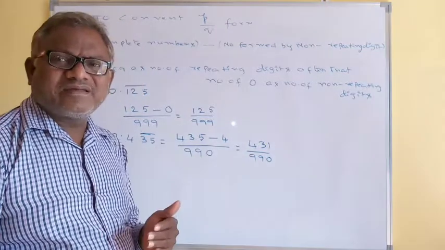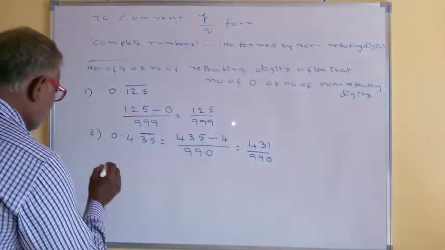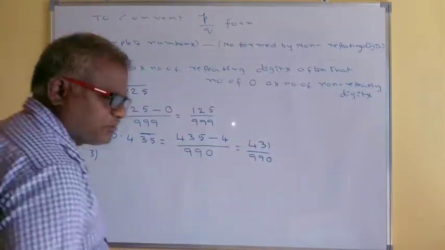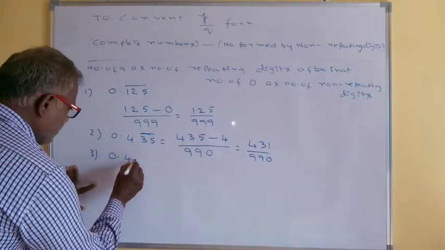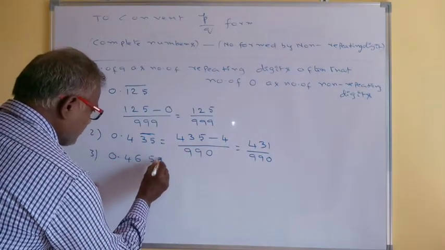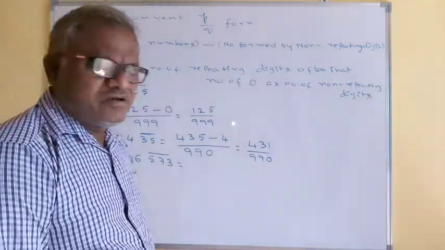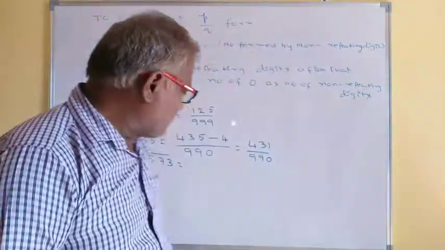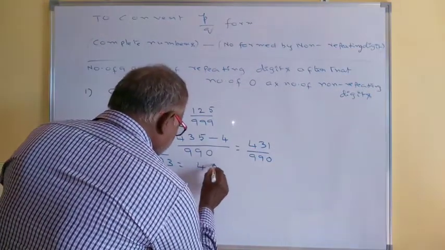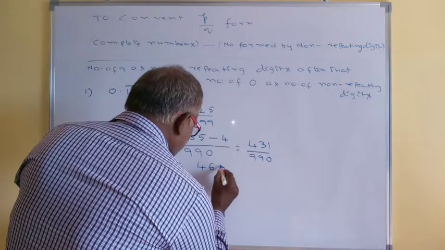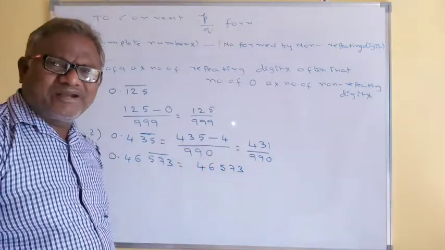Any problem, let us see one more problem. Third problem: 0.46573 bar. First of all, write down the complete number, 46573. Write down the complete number.